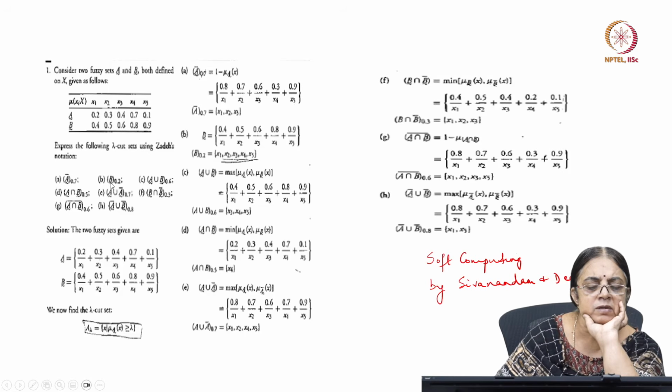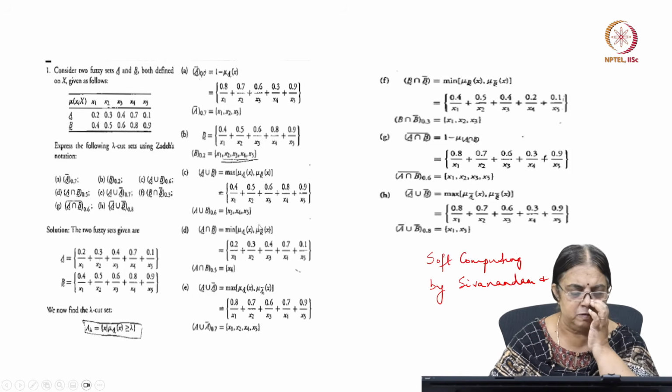Similarly you can do that if you take B here, it says 0.2, so all the values will come: x1, x2, x3, x4, x5. Similarly for C you find A union B first, and then you find the lambda cut of 0.6, so all those which have membership value above 0.6 will go into this.